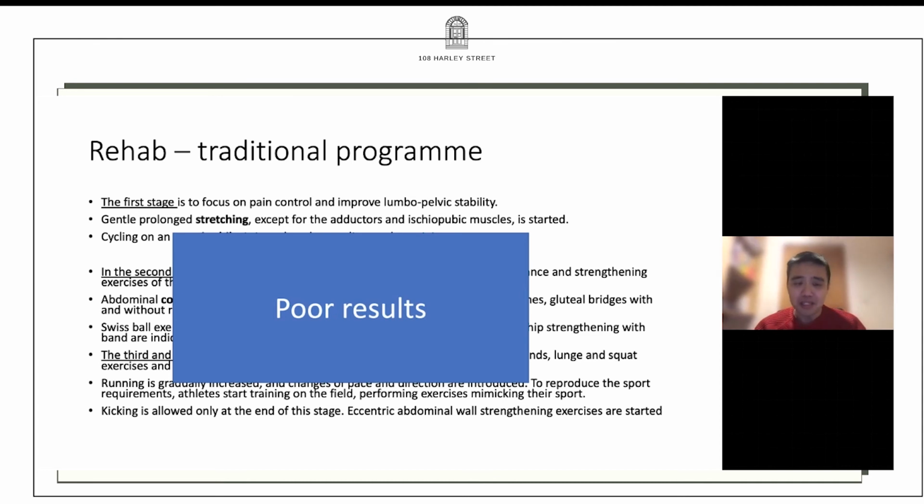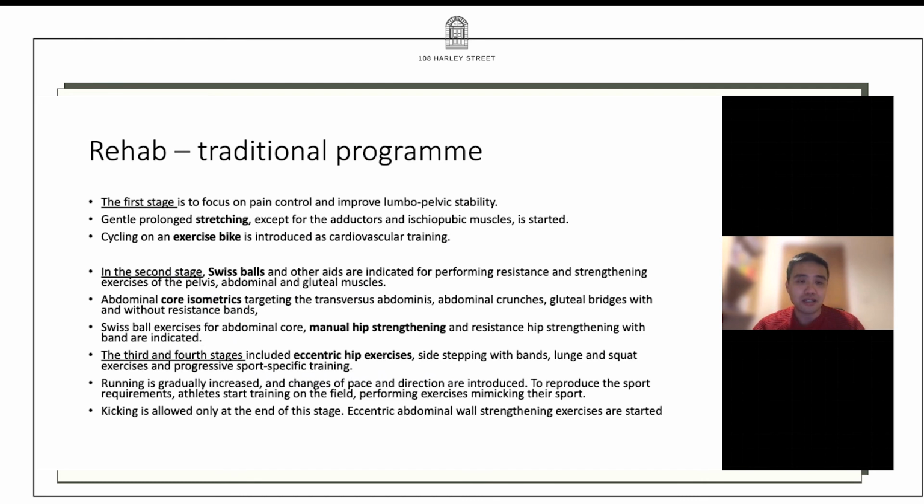But I think the issue here is that they want people to do stretching, and they want people to go on the bike. If you really think about it, as I showed you about the anatomy and how the muscles are working, it might not be a good idea to go on a bike at a very early stage, because you're creating these up and down shear forces from your quads that pull on this and create a shear force on the pubic symphysis, as well as stretching.